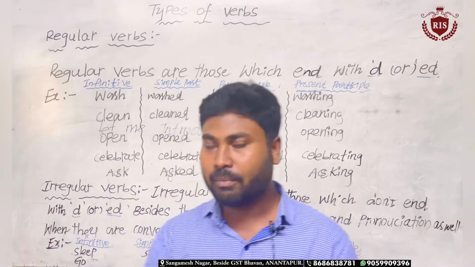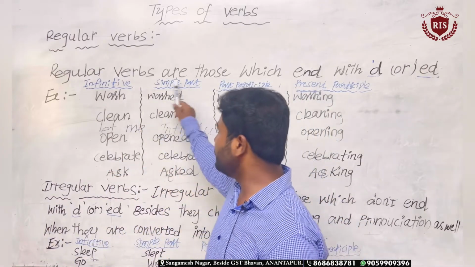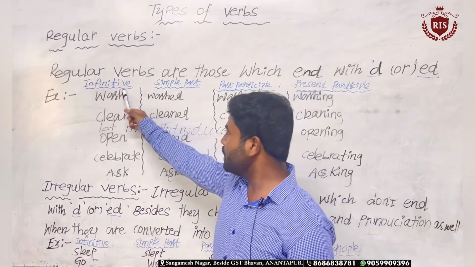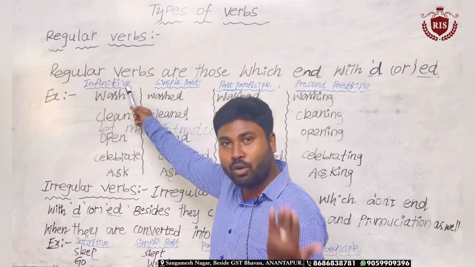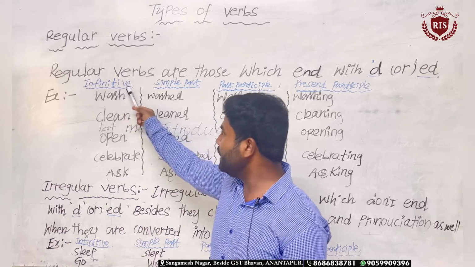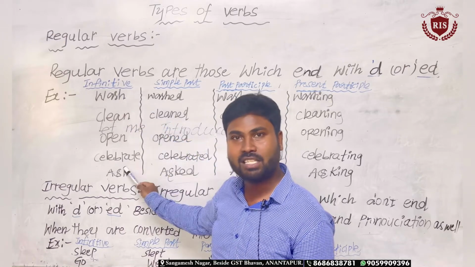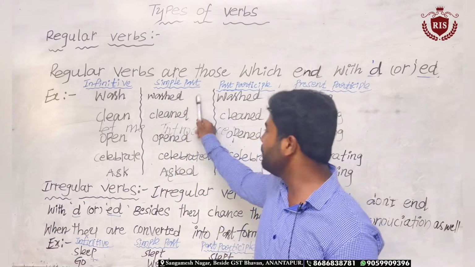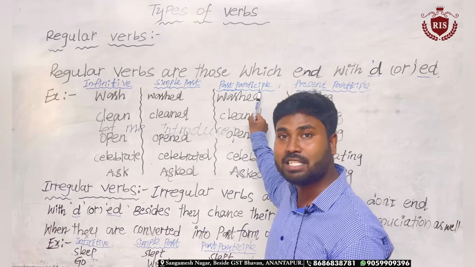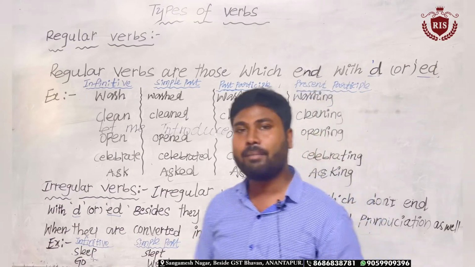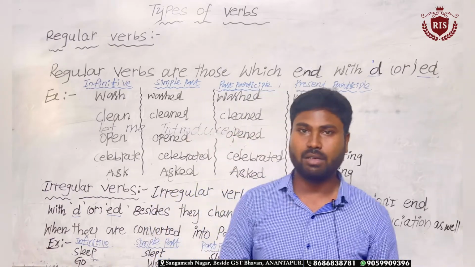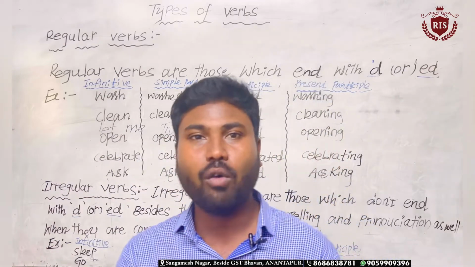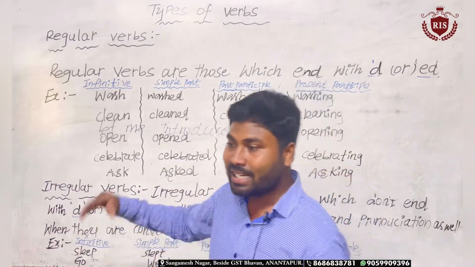So better you remember these original names, which are well known to you. They are the infinitive form of the verb, which is the base form, first form of the verb. The second one is the simple past form of the verb, the third one is past participle, and the fourth one is present participle.